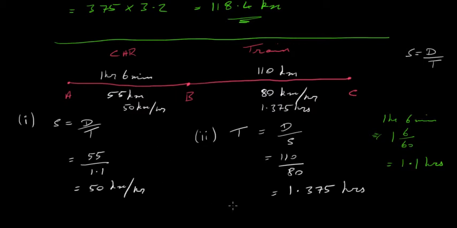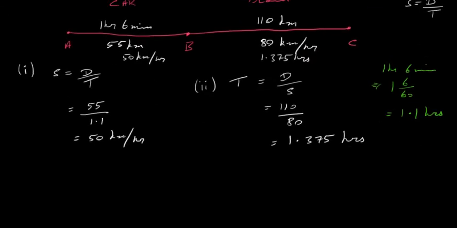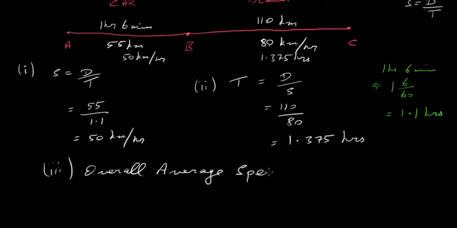Okay, so what you may be asked in these type of questions as well is, what is the overall average speed? Now the overall average speed is the overall distance divided by the overall time. We'll do that down here. This is the third part of the question, so we want the overall average speed.